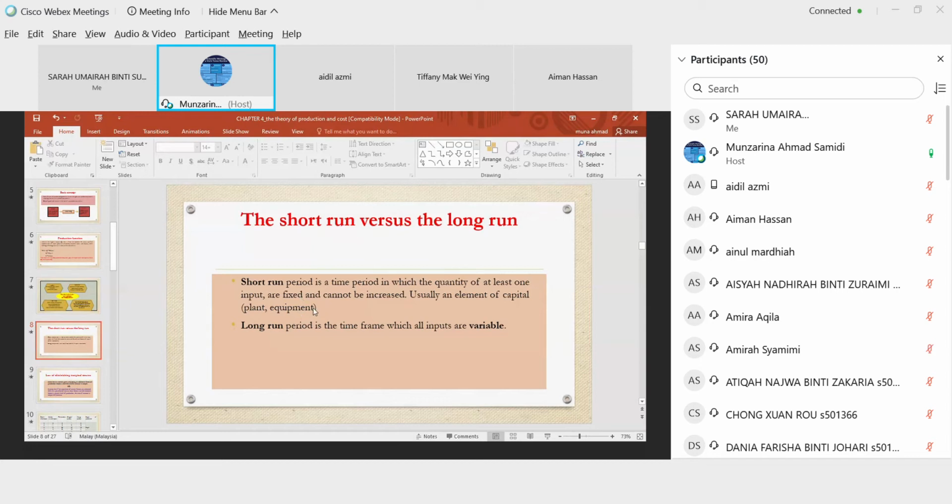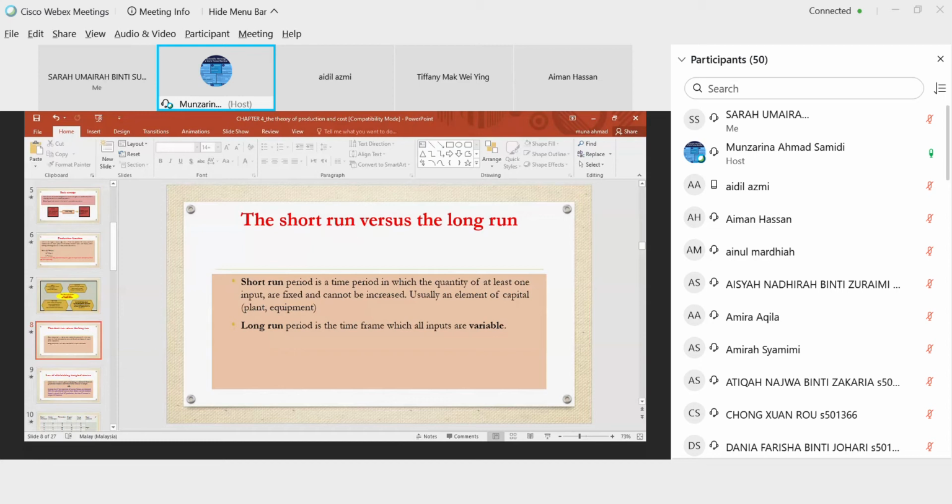For example, if you produce fried banana, goreng pisang, your fixed input is the stove. You need the stove, you need the wok, and then you need maybe a stall. So you need a stove, a wok, a stall. That may be your fixed input.